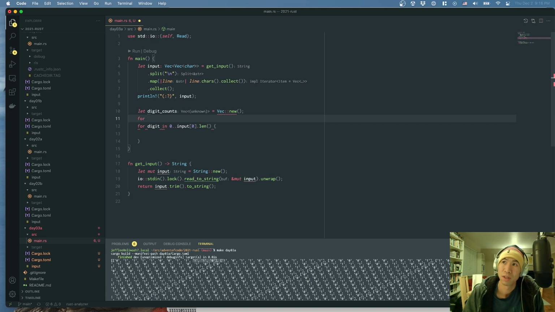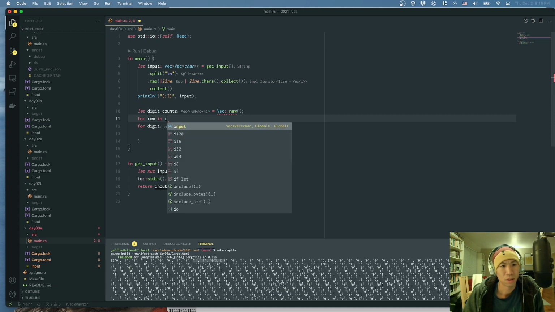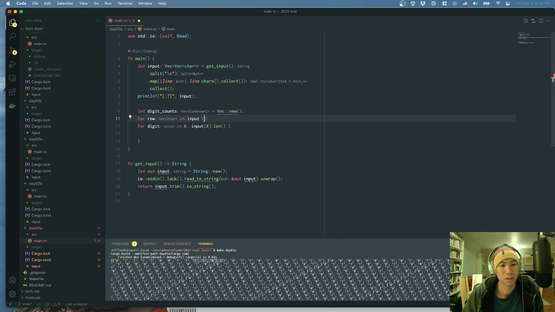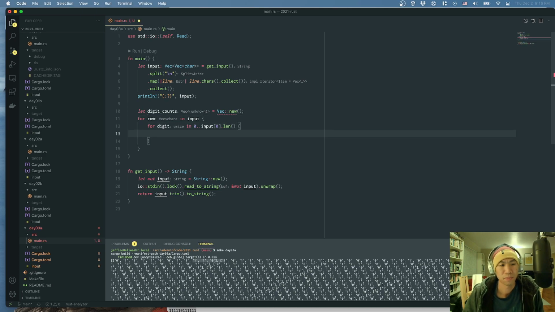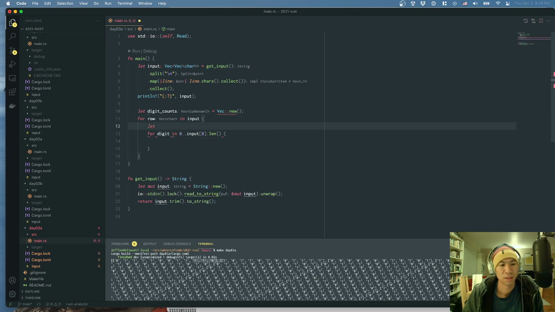For row in input, right? And for each of those digits, we are basically going to say that the digit count starts off as 0.